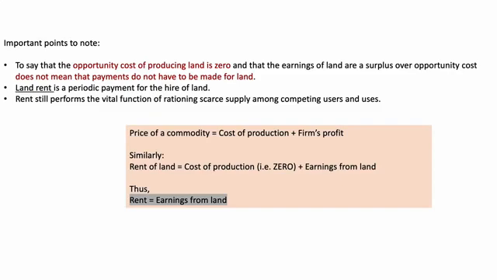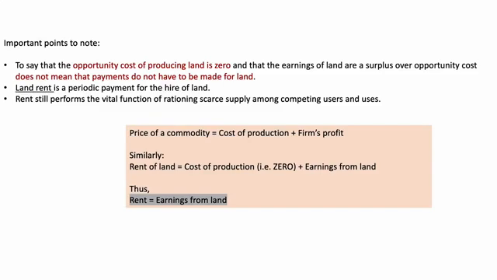There is still a land rent to be charged, and land rent is a periodic payment for the hire of land, and it performs a vital function in rationing scarce supply among competing users and competing uses.